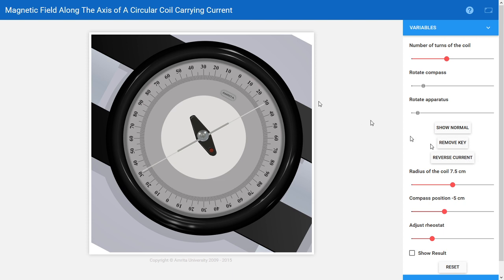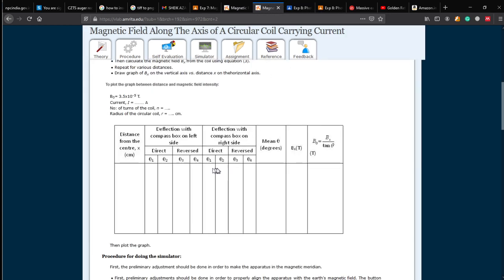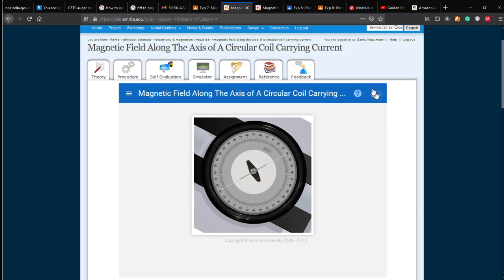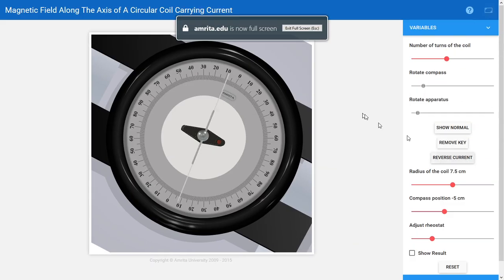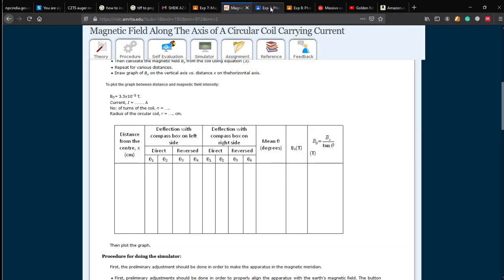So now I am okay. So this is 30, this is 31. Go back to this. So this is 30, 31. Similarly, if I reverse the current, it will show me the same value. By reversing the current, this is 31 and 30. So let's go back to this. This is 30 and 31.